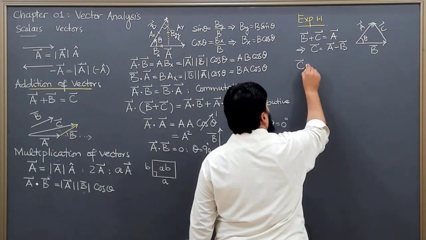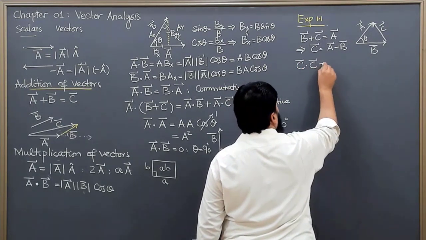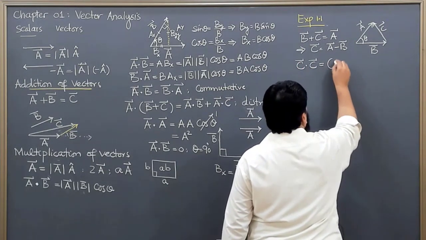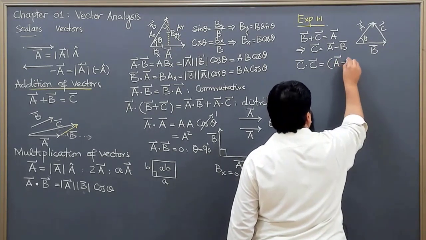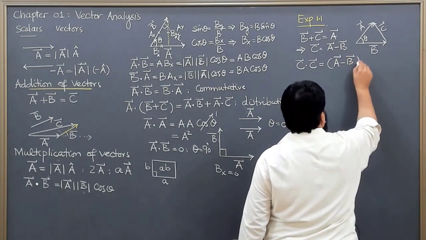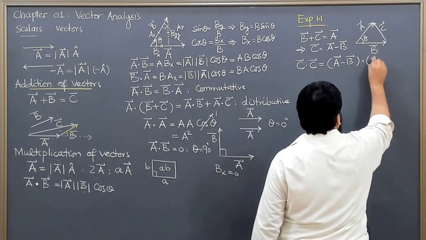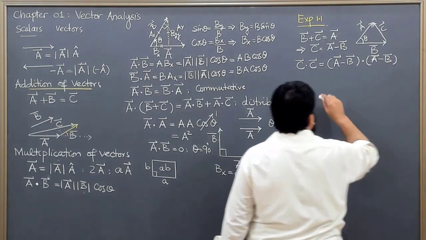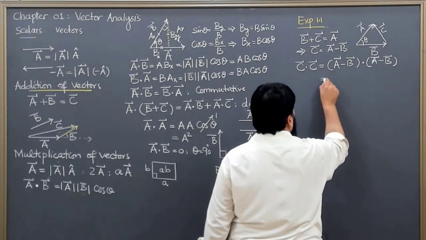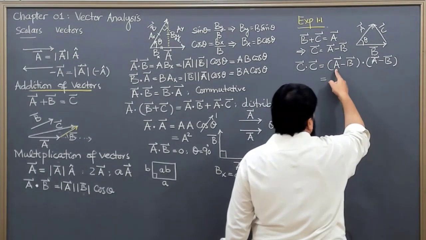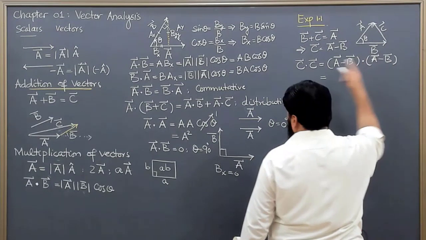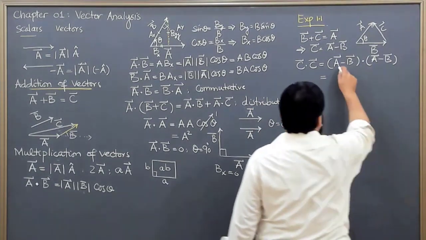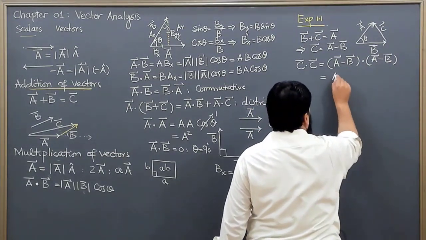So C dot C will be equal to the value of C, which is A minus B, and then dot again A minus B here. So let me find out this thing. First, the dot product is distributive, as we have said here. So A will be first multiplied.